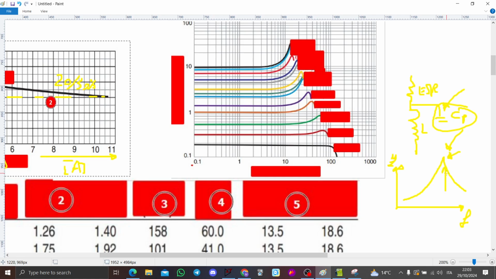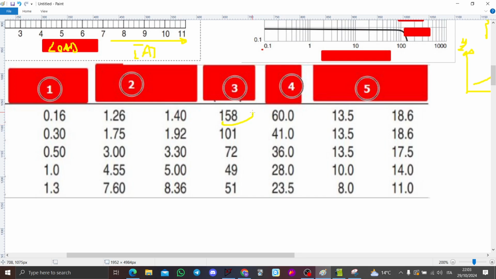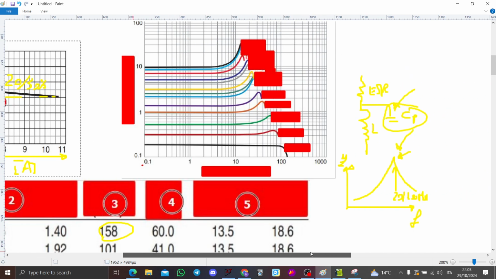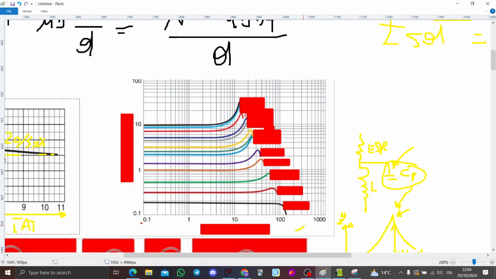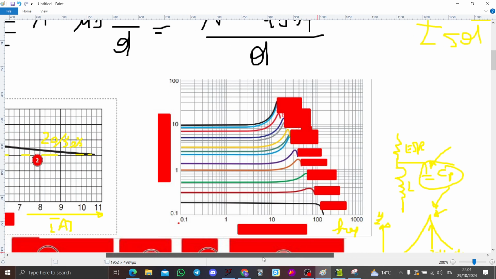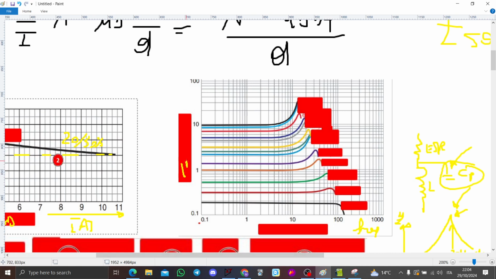It is at a very high frequency, like 100 megahertz. So this value here is probably the self-resonant frequency. But anyway, after a high frequency, the inductance will start to lose value.